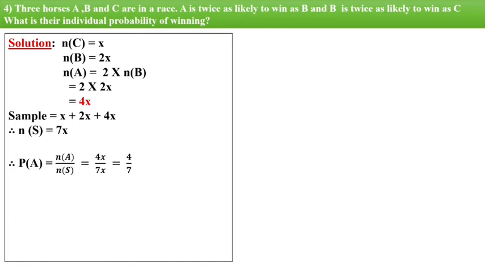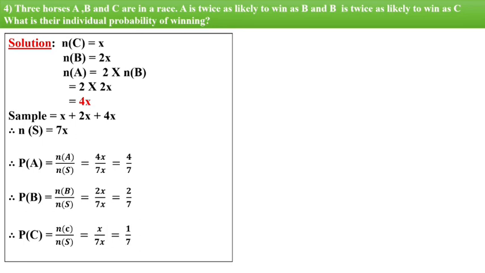Number of S is 7x. x cut, what does it mean? 4 upon 7. Probability of B equal to number of B upon number of S. So student, number of B, what is our? 2x, and number of S is our 7x. So here we get 2 upon 7.